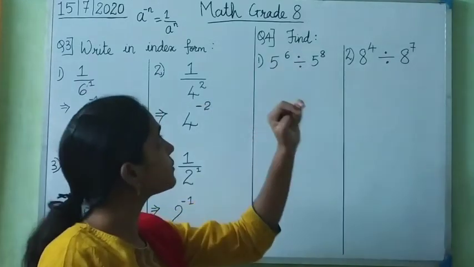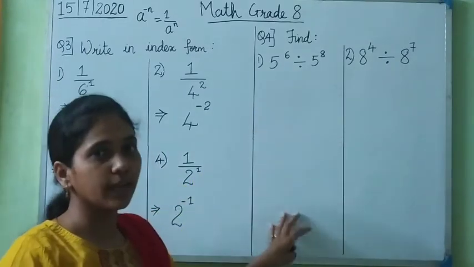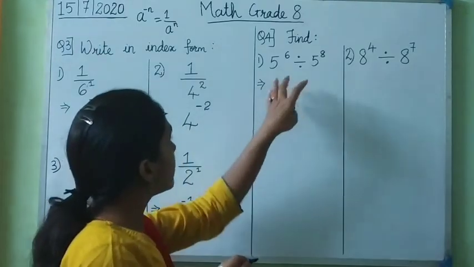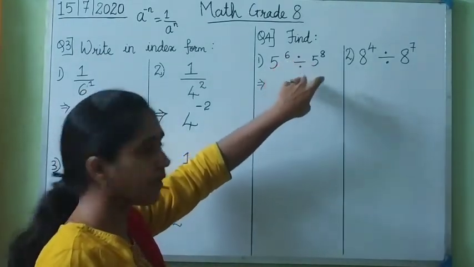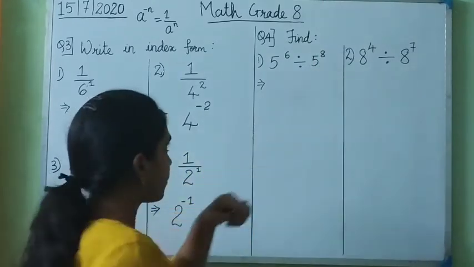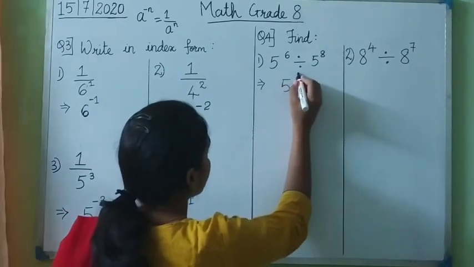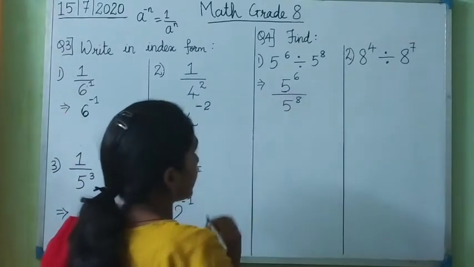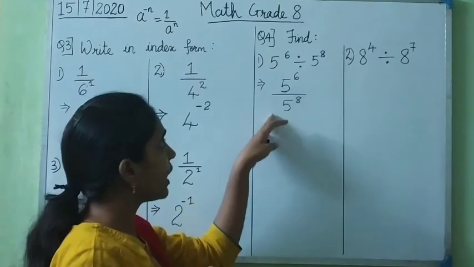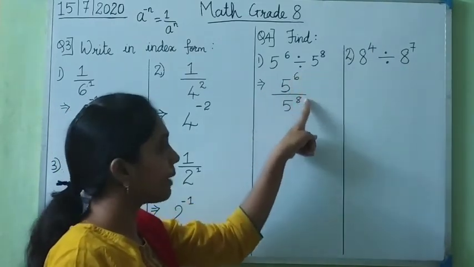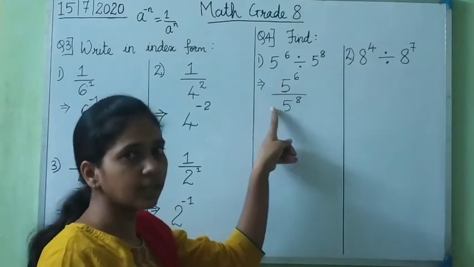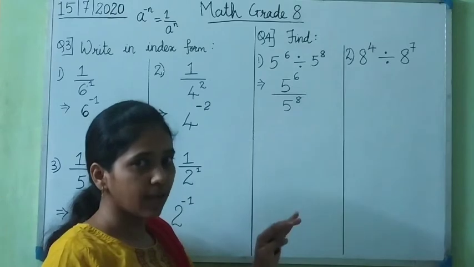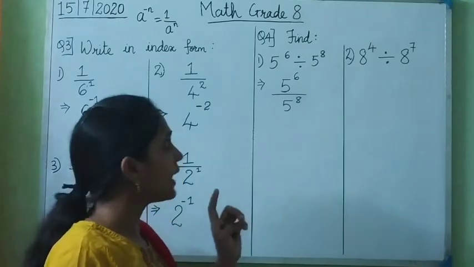So now the fourth question. The fourth question is find. So we have to solve this and find the answer. Let's start. The first is 5 raised to 6 divided by 5 raised to the power 8. Now we have seen that if two numbers with the same bases but different powers are divided, according to the second law, the second law states that a raised to m divided by a raised to n is equal to a raised to the power m minus n.